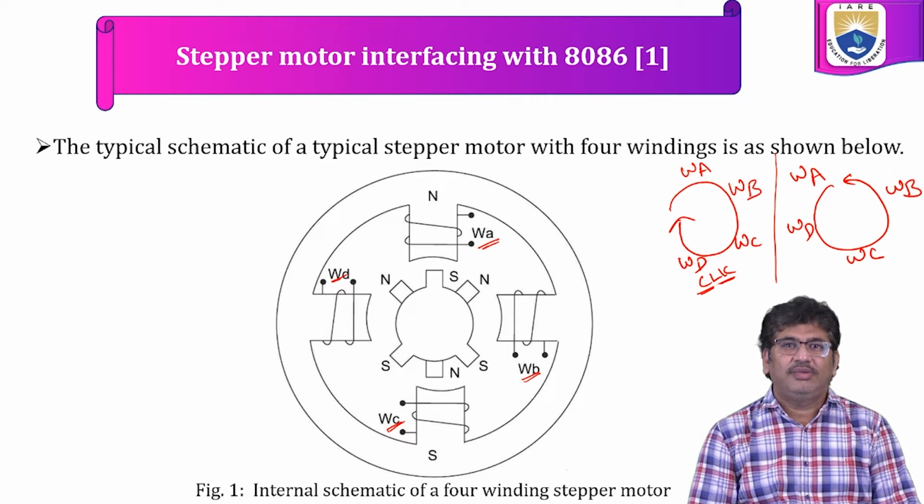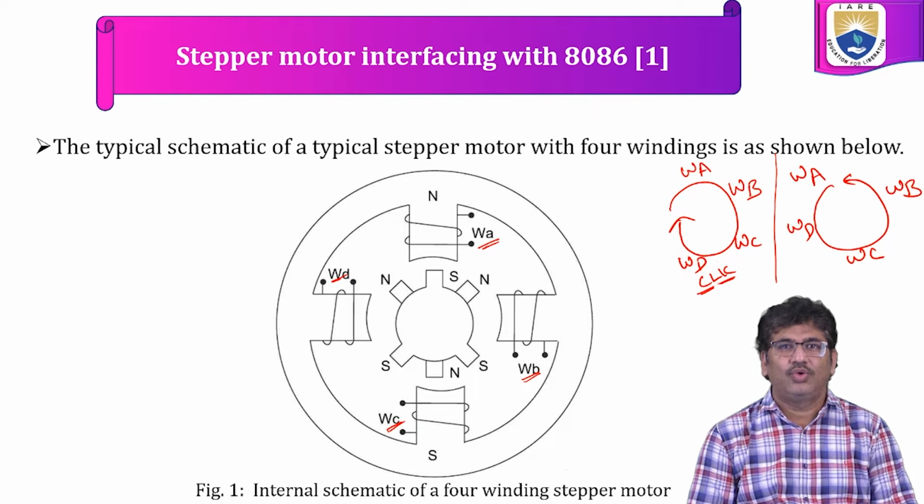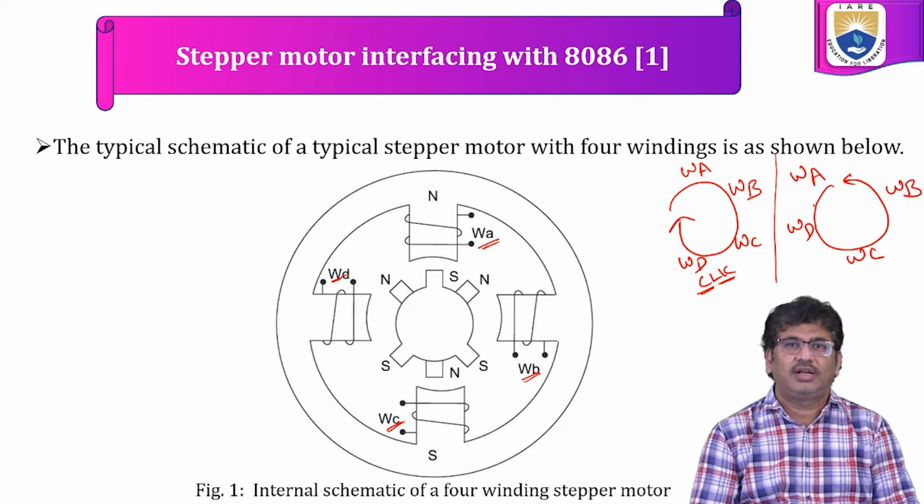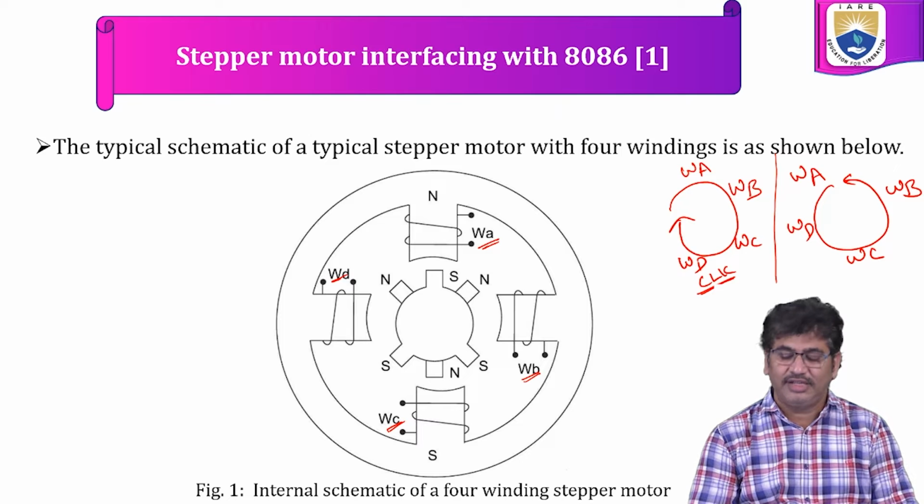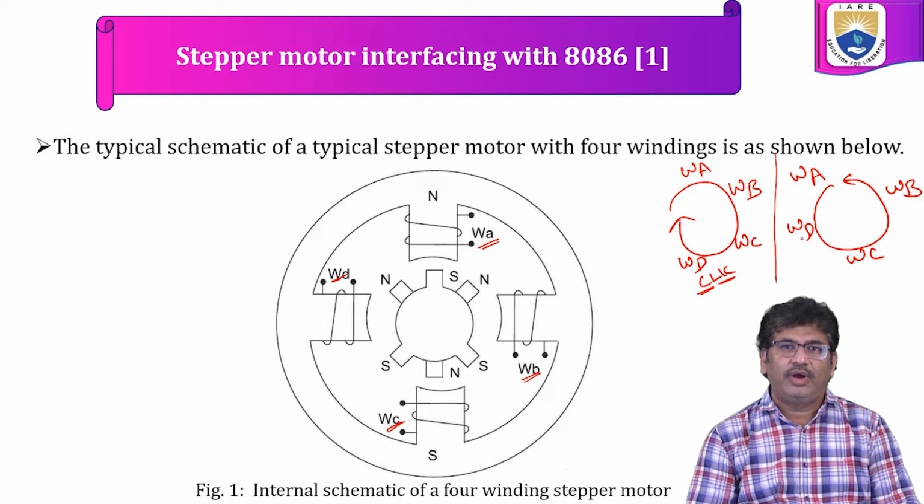Excitation can take place with one winding at a time, or alternatively with 2 windings at a time. So we can apply either method: exciting 1 winding at a time, or 2 windings at a time. For anti-clockwise, as the rotor has to rotate anti-clockwise, the windings will be excited in this manner: winding A, winding D, winding C and winding B.